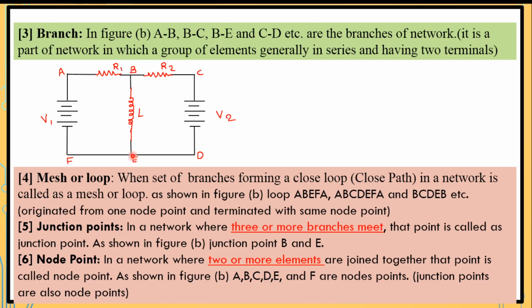Point E is also a junction point because three branches are connected here: EF, ED, and BE are connected at point E. So B and E are the junction points in figure B. Now the node point, which we have already discussed: in a network, the point where two or more elements are joined together is called a node point.